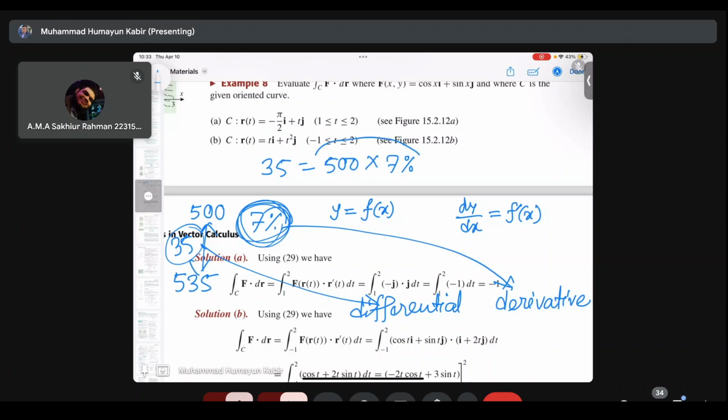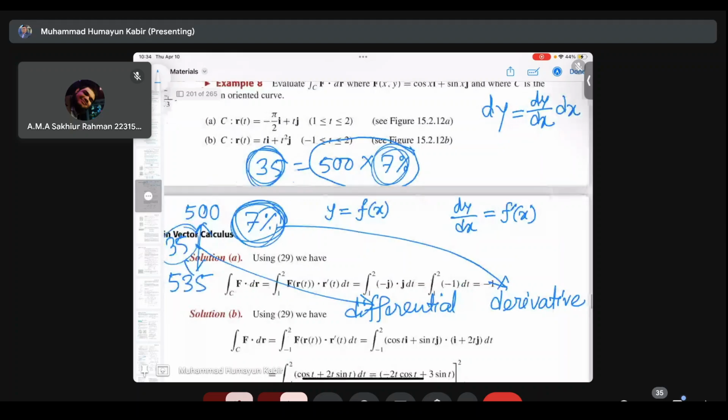If you multiply 500 by 7%, can you have 35? Yes, sir. Okay, so what does it mean? This is the differential, this is the derivative. So the amount of change of y equals the derivative times the amount of change in x.